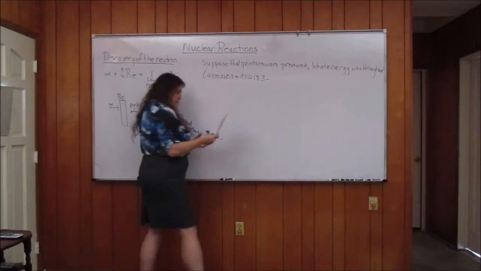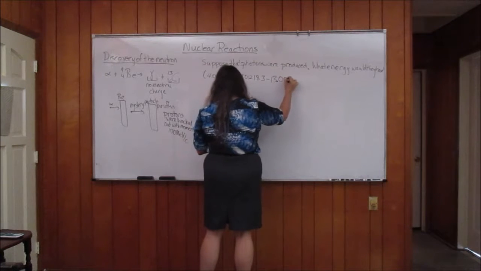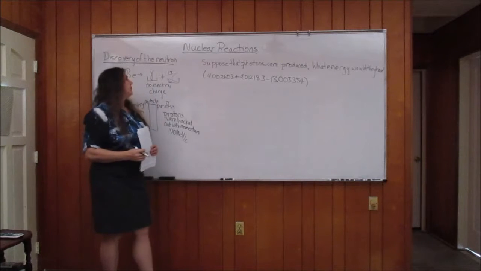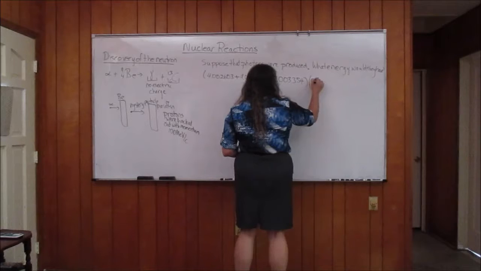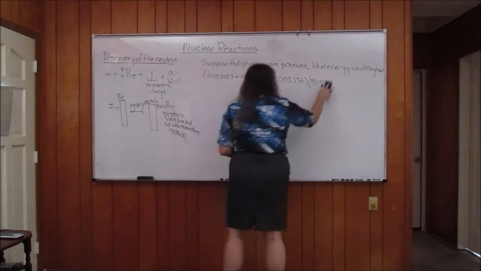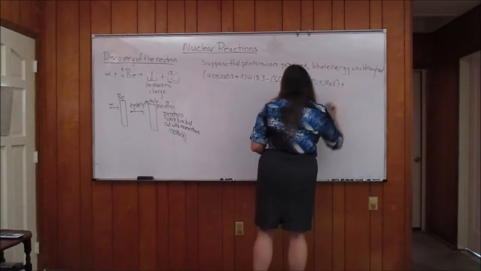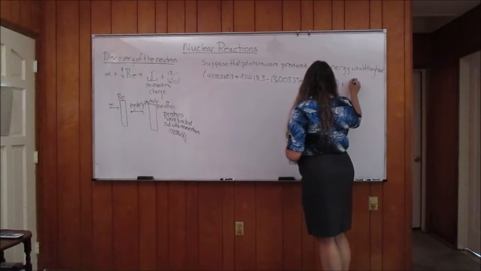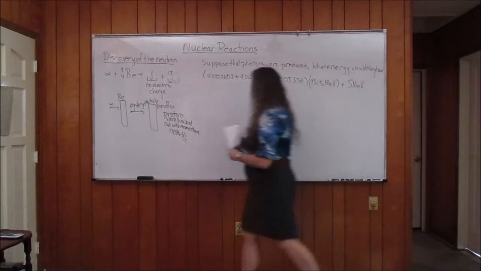And the mass of carbon-13 is 13.003354. And those are all in atomic mass units, so I need to convert to megaelectron volts. That really amounts to multiplying by 931.5 megaelectron volts. Now, these alpha particles are produced with an energy of 5 megaelectron volts. So let's do the math.